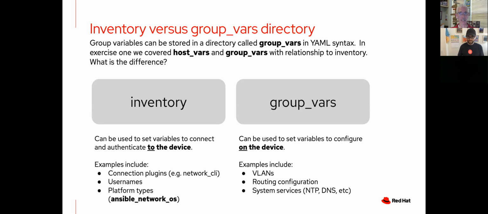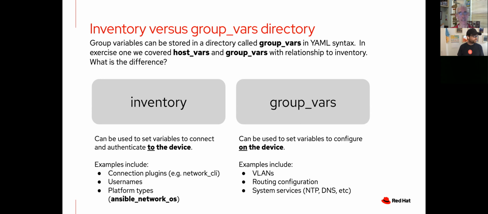This is an aside: you can do the same sort of thing with host variables. In the inventory file we had a host with variables associated with that host, but you could create a host_vars directory and populate that accordingly. So again, different ways to do it.